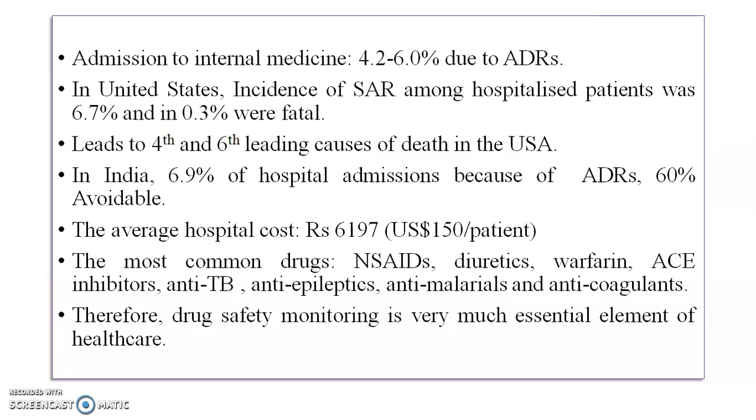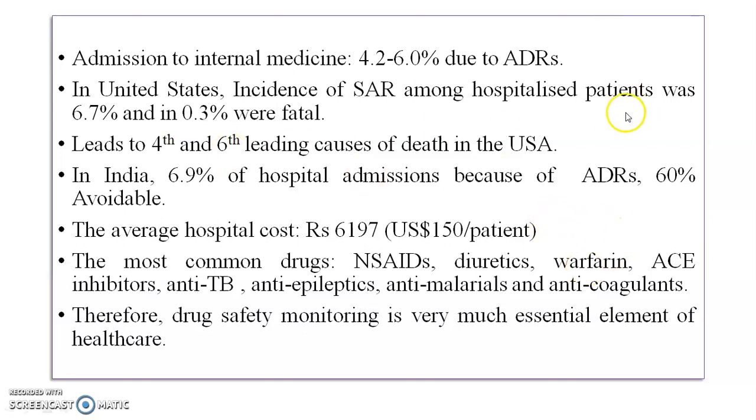So one must understand that because of hospital admissions due to adverse drug reactions, the fourth and sixth leading causes of death in the US are adverse drug reactions. Coming to India, 6.9% of hospital admissions are because of ADRs, and out of that, 60% of ADRs are avoidable.